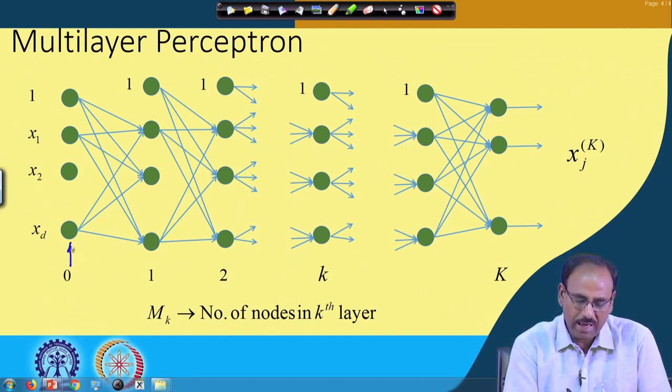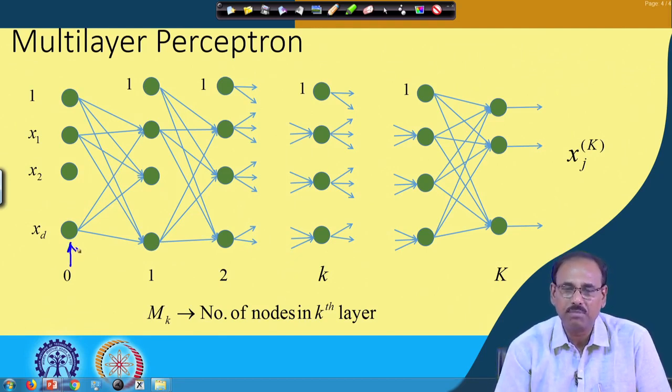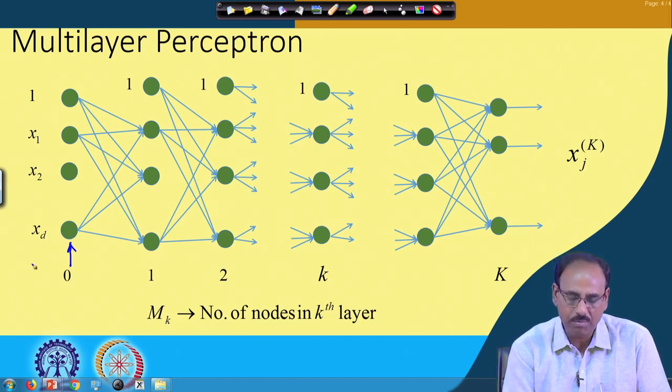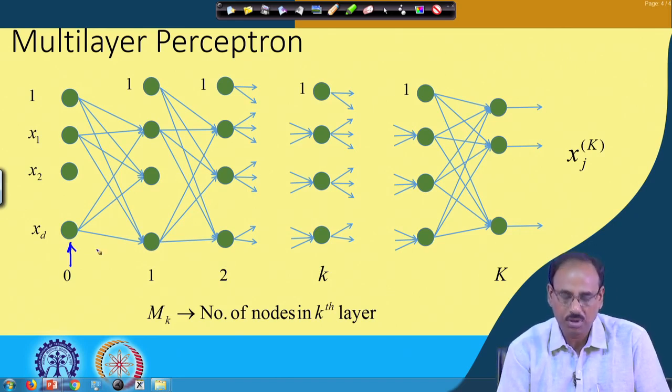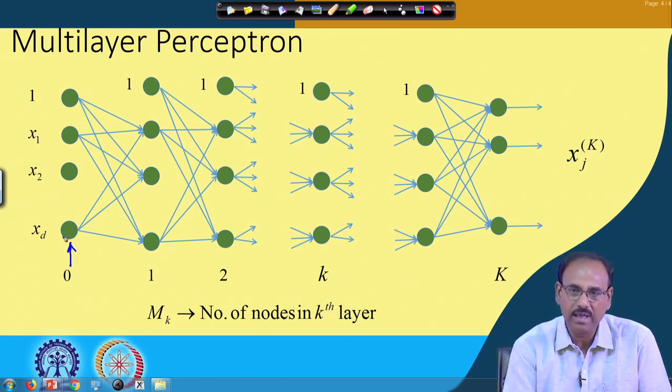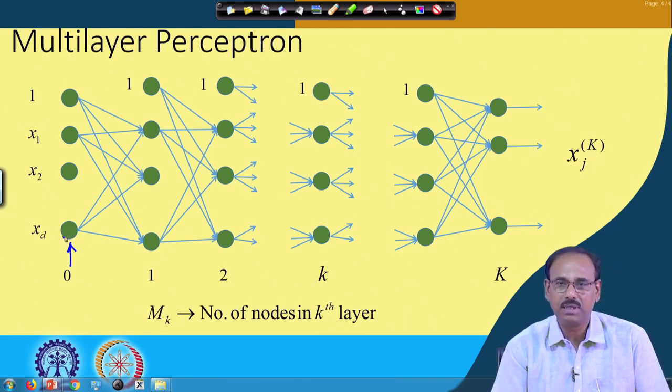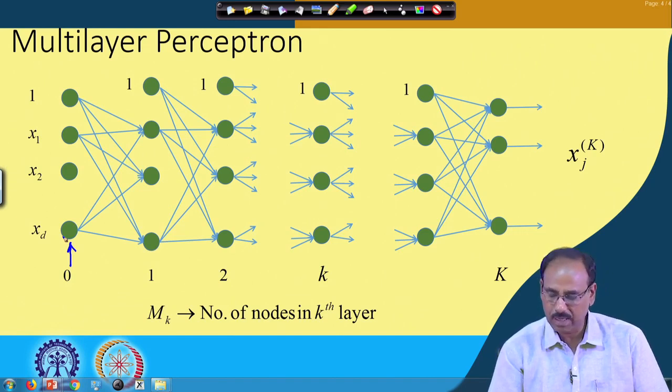At the beginning, we have an input layer which is represented as the 0th layer. The purpose of this layer is that whatever comes at the input is simply passed to the output. So this layer does not have any other function other than simply passing the input to the output.